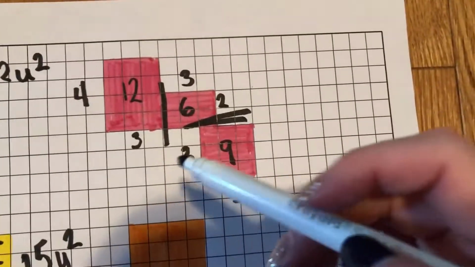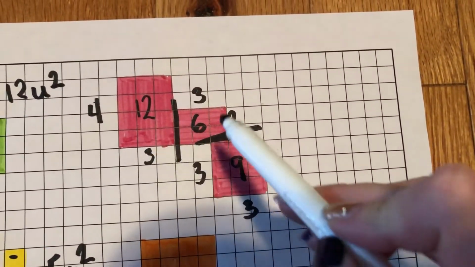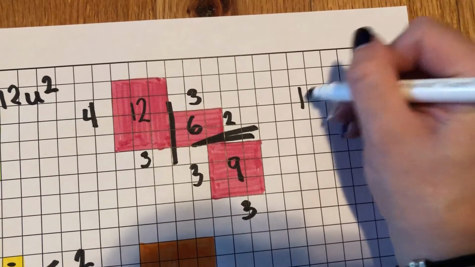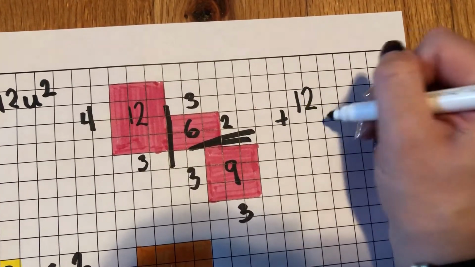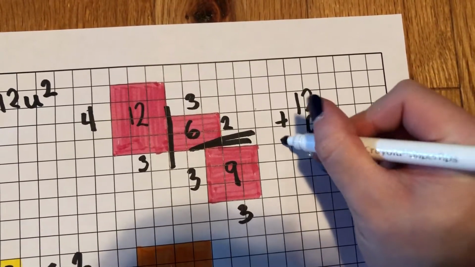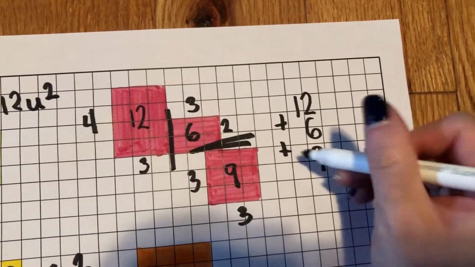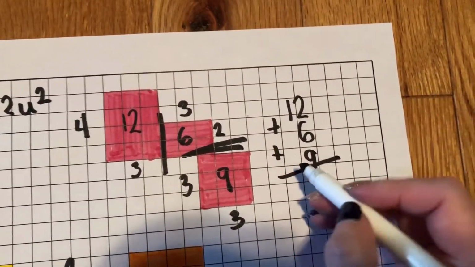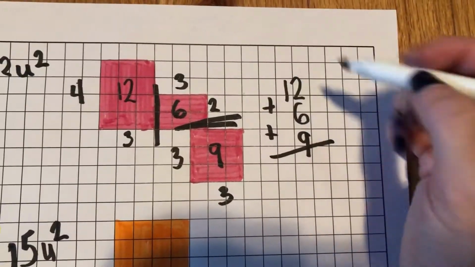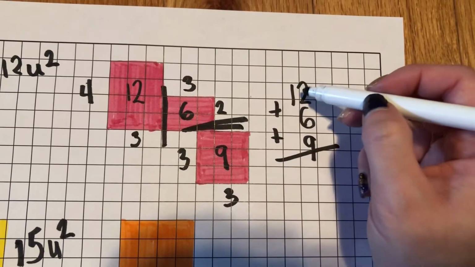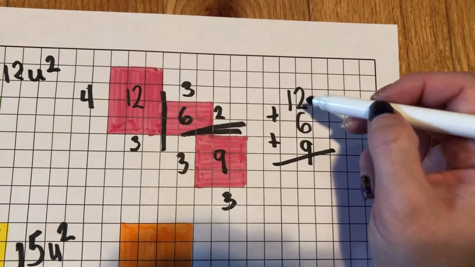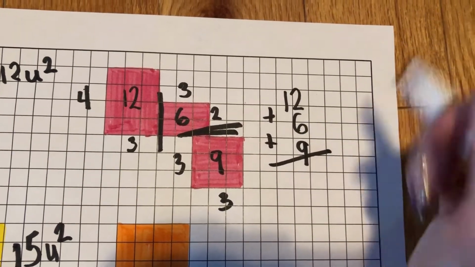So now to find the area of the whole shape, I just have to add those 3 numbers together. So 12 plus 6 plus 9. So we've got 9, 10, 11 plus 6 is 17.